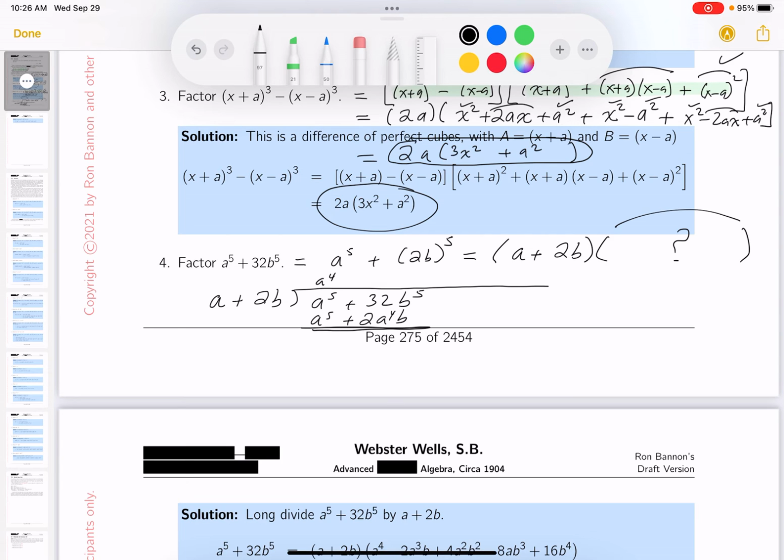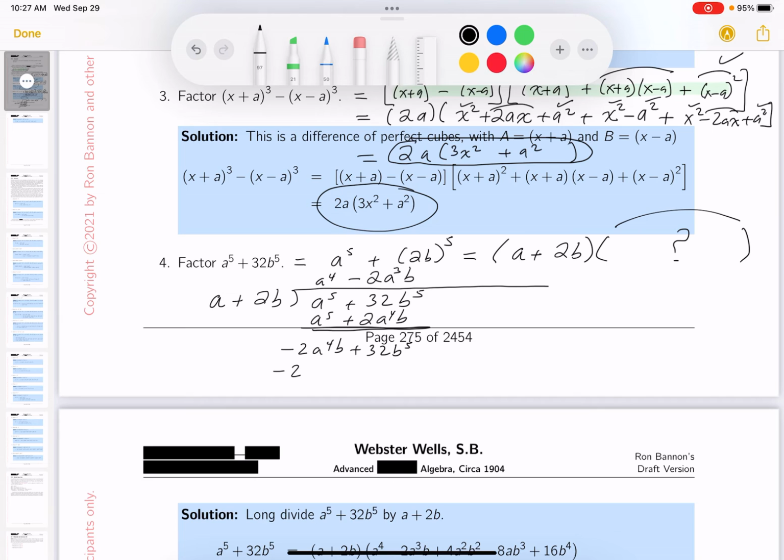Well, a line there. Subtract. What do you get? Minus 2a^4 b plus 32 b^5. Let's keep going. Minus 2a cubed b. Let's keep going.